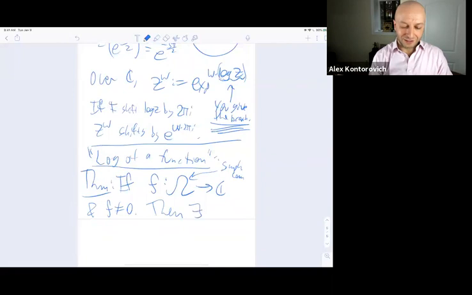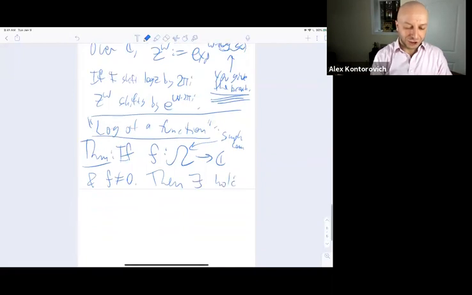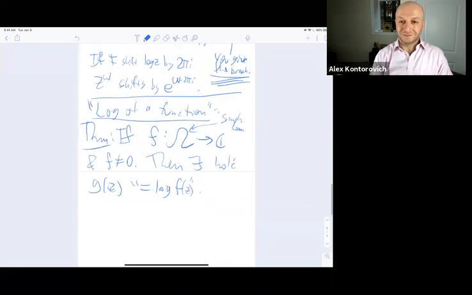Then there exists a holomorphic function g, which we should write as log of f. What do I mean by that?